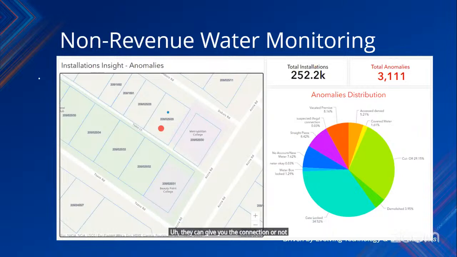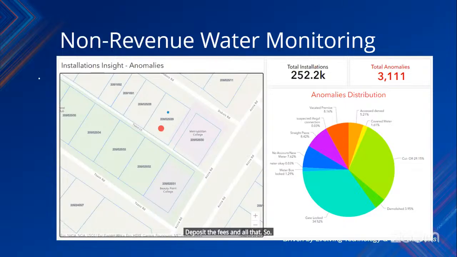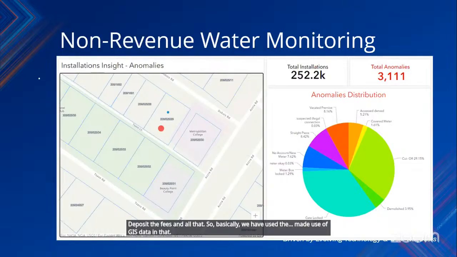We internally check whether the pipeline exists nearby, and if it does, we tell the customer that the connection can be given and he can proceed. He can then fill up the form and deposit the fees. So we have made use of GIS data in that customer facing application.